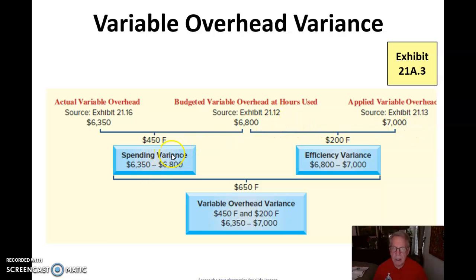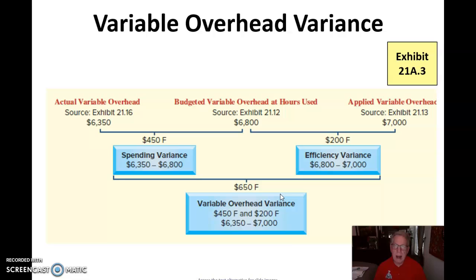Our spending variance is going to be $450 favorable, and our efficiency variance is going to be $200 favorable. In total, we have a $650 favorable variable overhead variance.